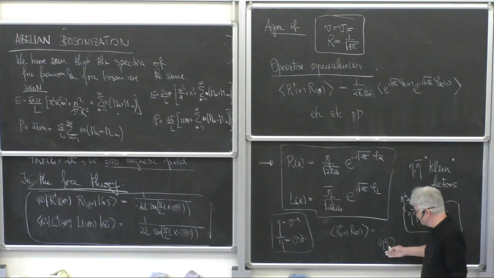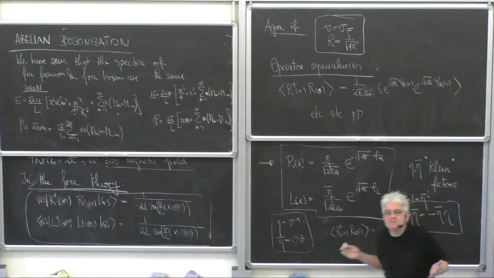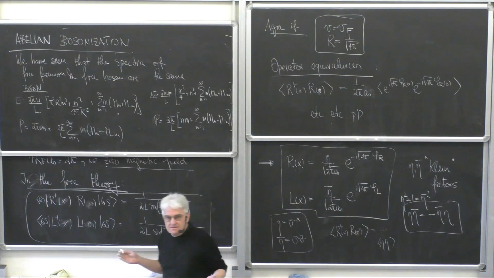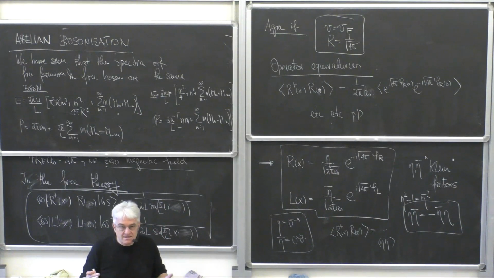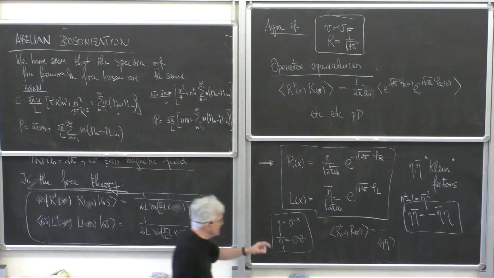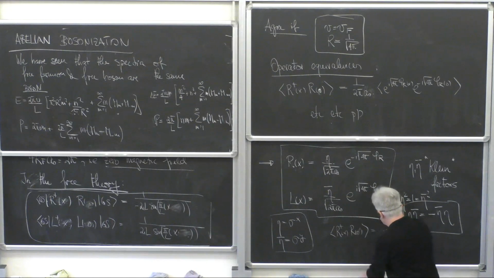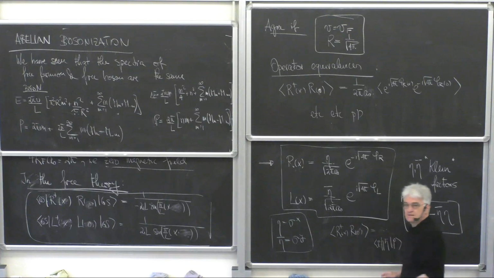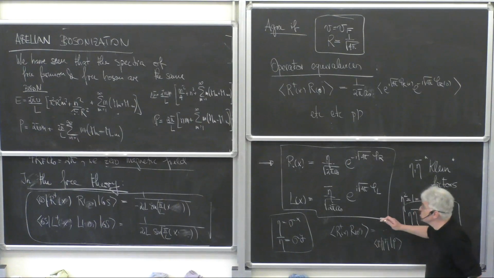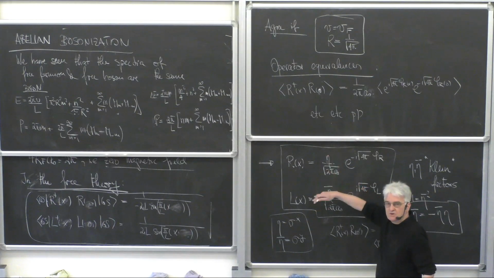Yeah, and I have to define what that is. Okay, and what I said is I define this to be simply this. And if I do that, then correlation functions map one to one.